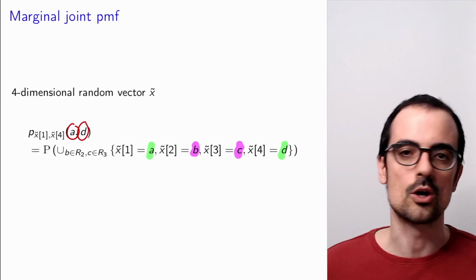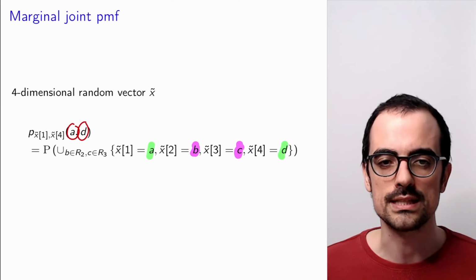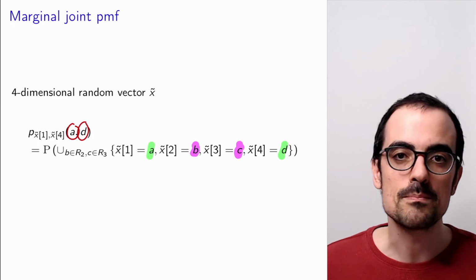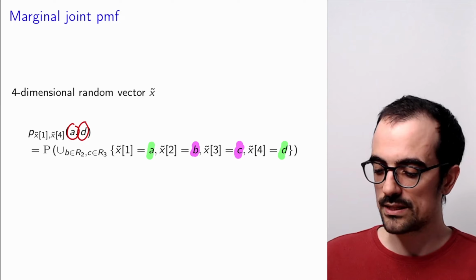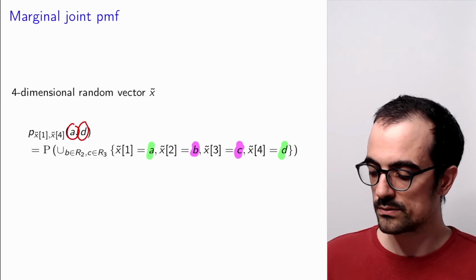So we're going to add over all the possible values of the second and third entries. We can sum this because these events are all disjoint.